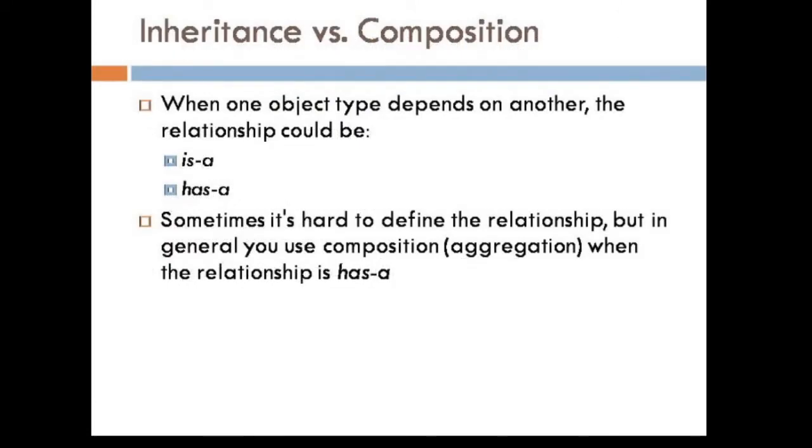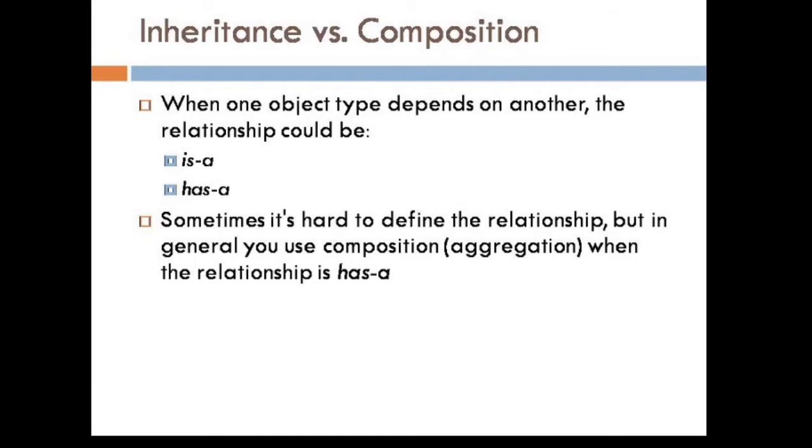Now, what is the difference between inheritance and composition? When one object type depends on another, the relationship could be is-a or has-a. Sometimes it's hard to define the relationship, but in general, you use composition, that is aggregation, when the relationship is has-a. In case of is-a, we have inheritance.